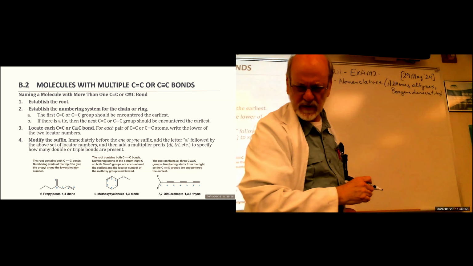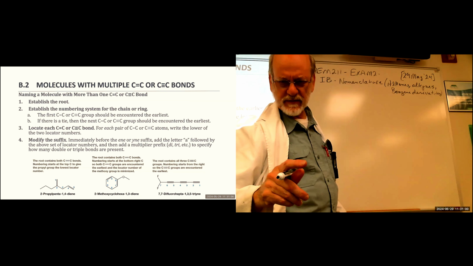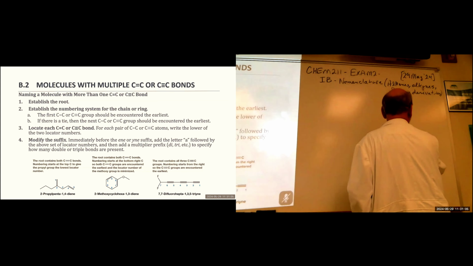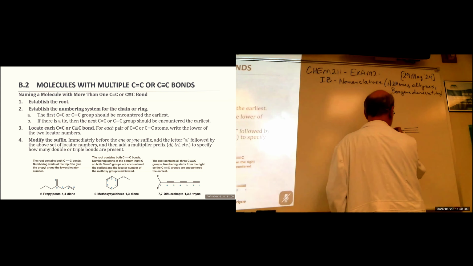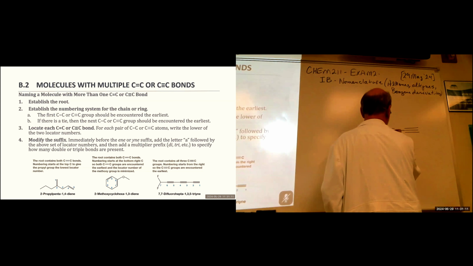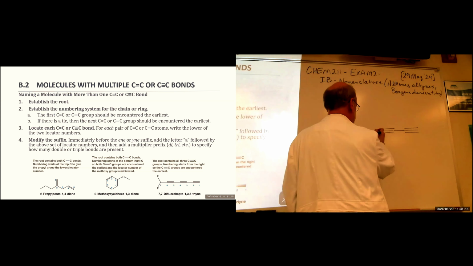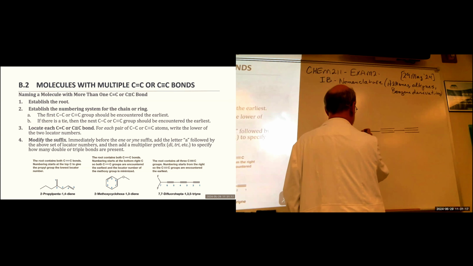All right, and the last one is, let's see, we got 7 straight carbons. Okay, the first one is a triple bond. Then we go over here to another triple, and we go here to another triple.